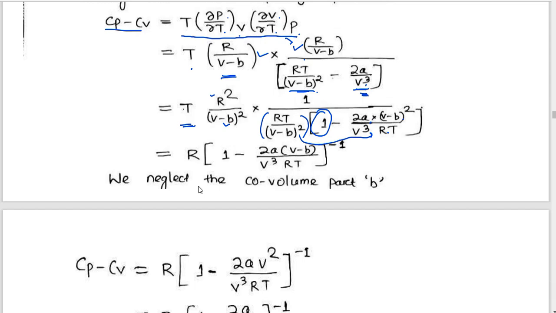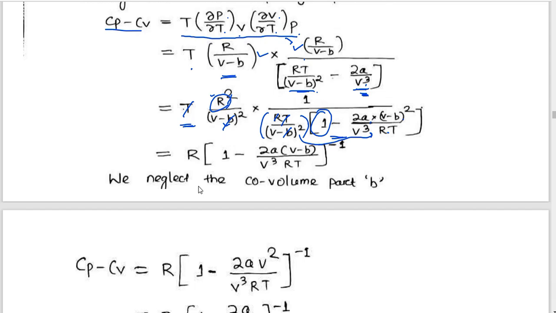Okay, so over the remaining, this T is cancelled. This R cancel. This V minus b square, this V minus b square cancel. The remaining there is only R in the above, and the below part is 1 minus 2a by V minus b whole square by R T into V cube.